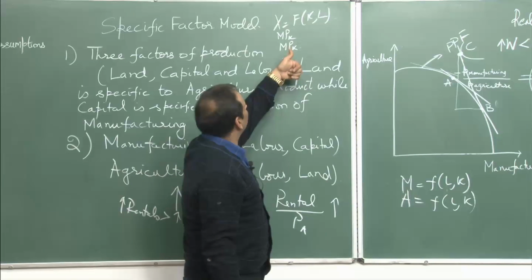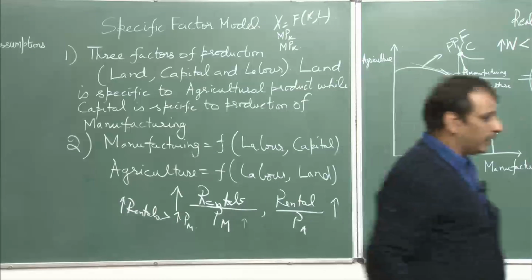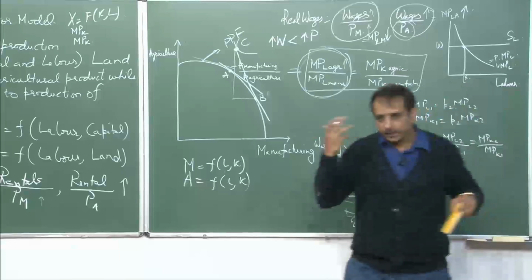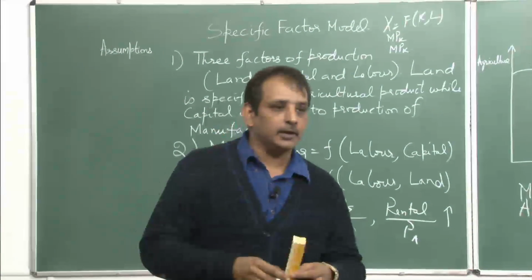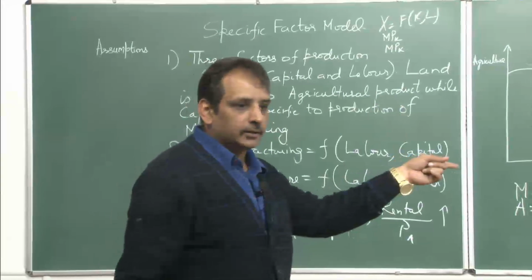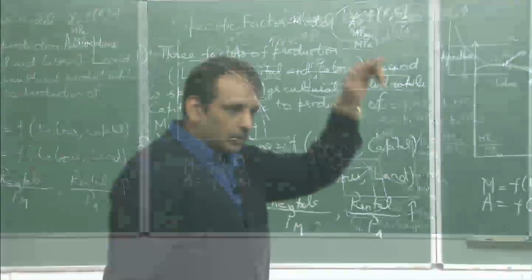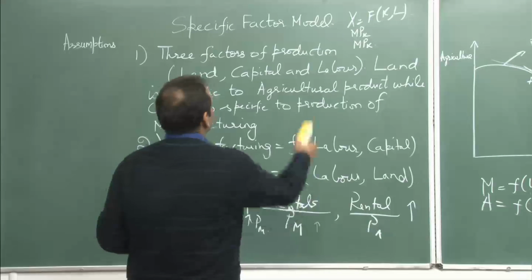Let us do that. Think of it this way: capital is now supported by more labor, and in the other sector, that poor land is now with less labor. So the marginal productivity of land goes down.